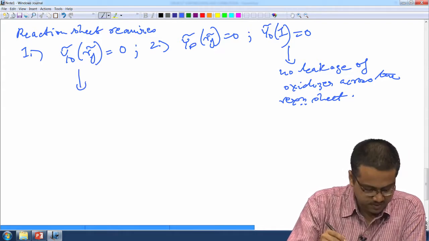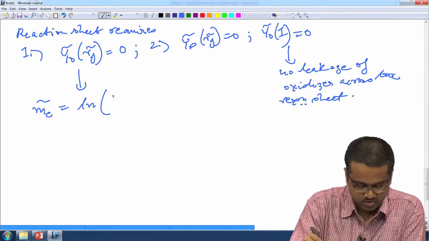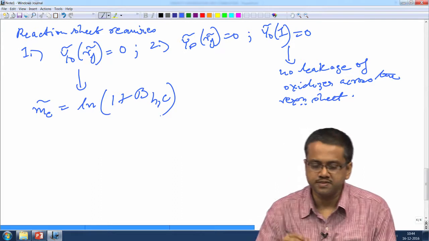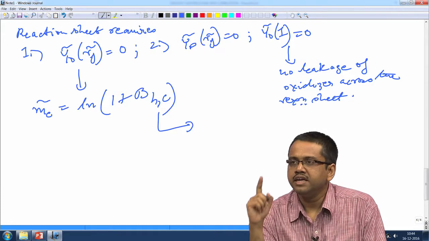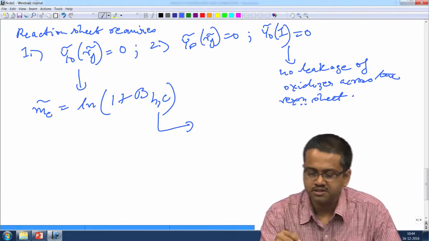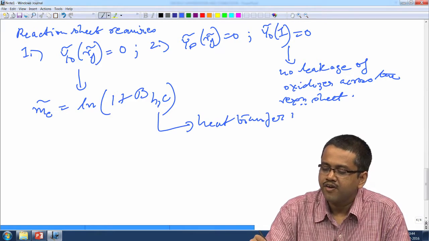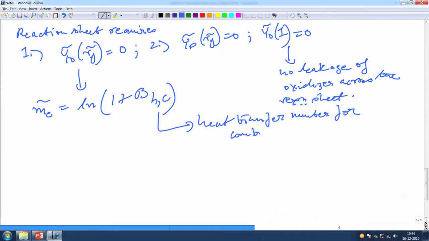So, from these expressions we can first write MC is equal to ln 1 plus BHC. Now, remember this heat transfer number that we have written is the Spalding heat transfer number for combustion, okay. So, heat transfer number for combustion, right, got it, okay.